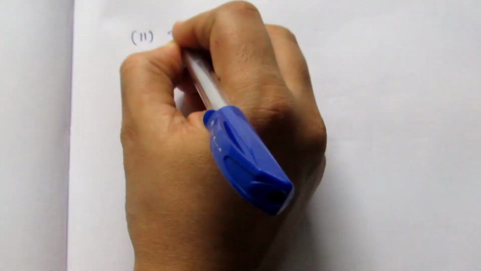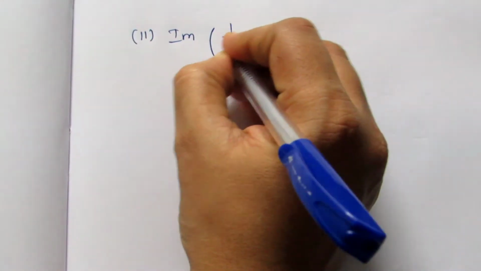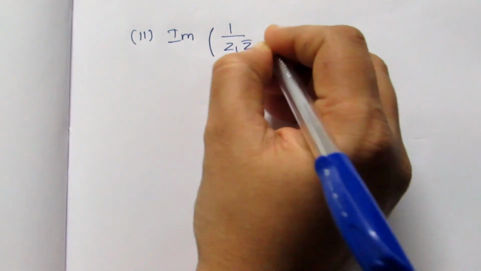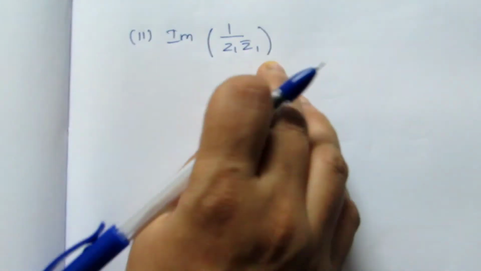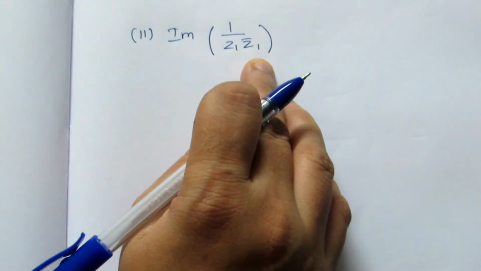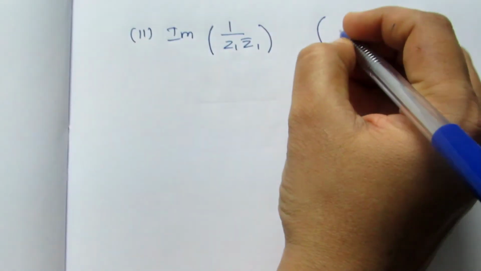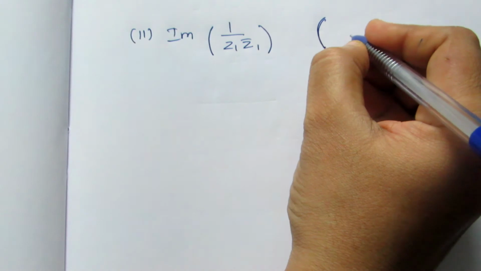In the second one, it is given the imaginary part of 1 by z1 into conjugate of z1. Okay, let's see. Here we have a formula, which I have given in the introduction video.